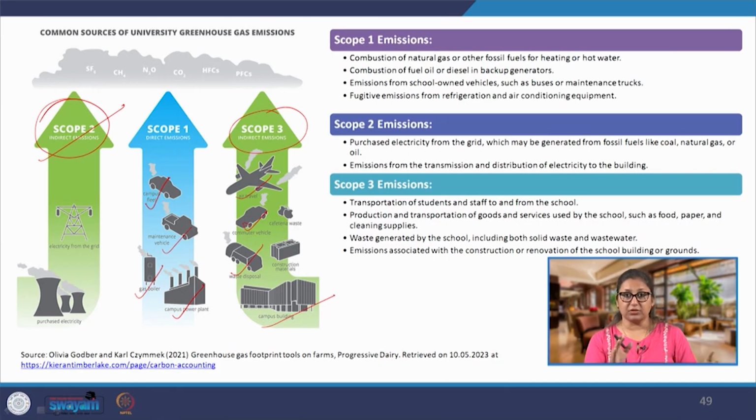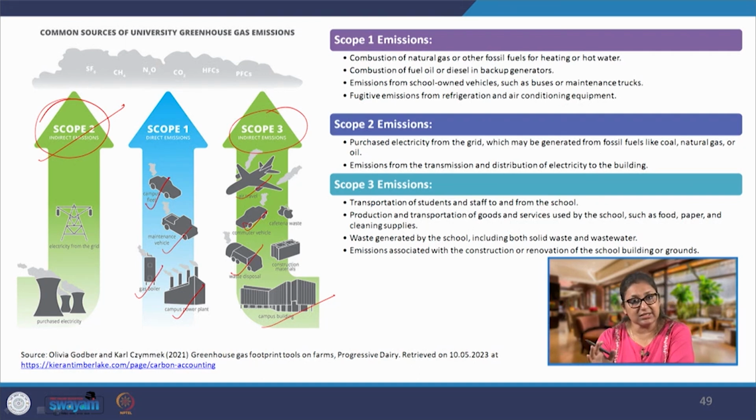So, that is what we will continue in the weeks further, how building design and construction is going to impact scope 1 and 2 emissions and how to reduce the scope 1 and 2 emissions by designing the building and constructing it appropriately for the context and also environmentally conscious.